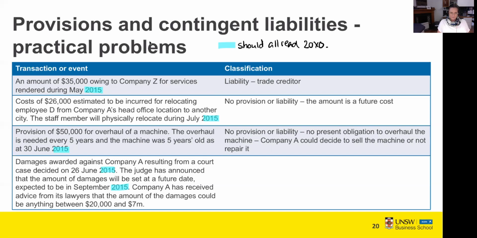Okay, now the next one. So in this case here, we have a present obligation. The judge has already announced that the company is going to be awarded damages. So there is a present obligation.